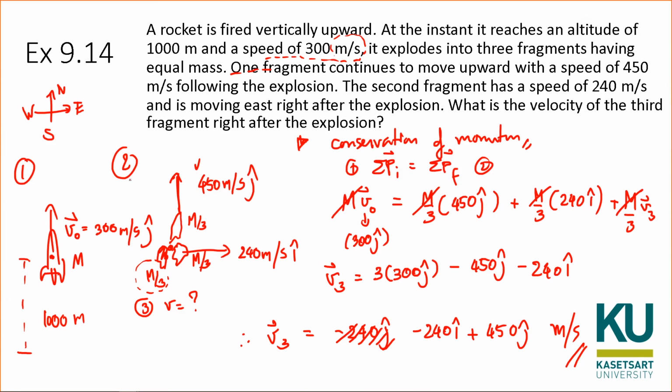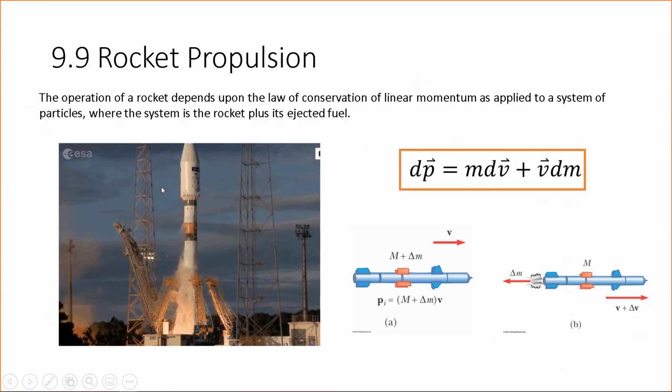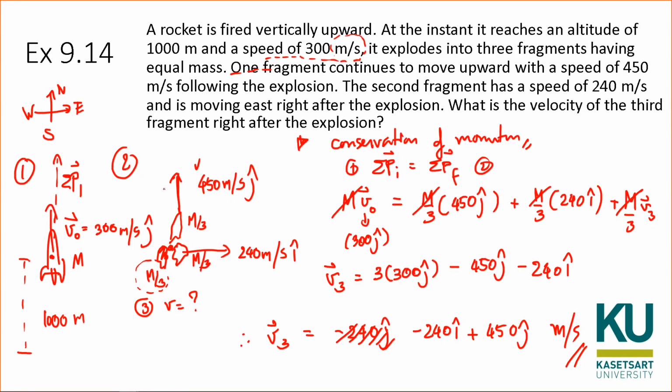What does this explain? Initially the rocket moves along this direction with sigma p1 going this way. How about this one? You will see when you sum it up, this sigma p2 is also going in the upward direction. And due to the conservation of momentum, sigma p1 equals sigma p2.